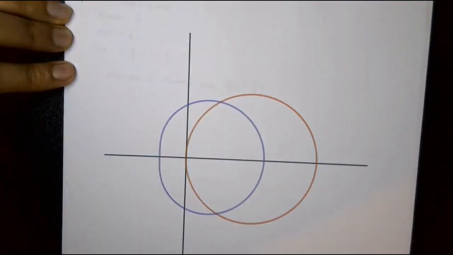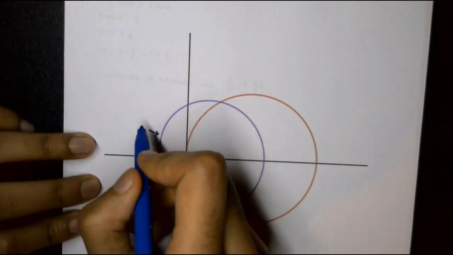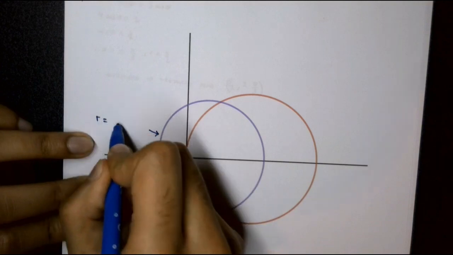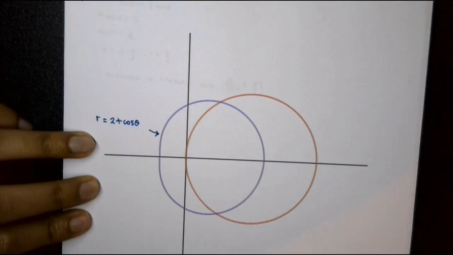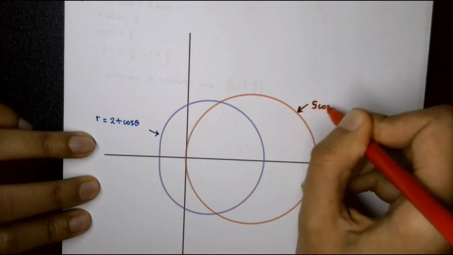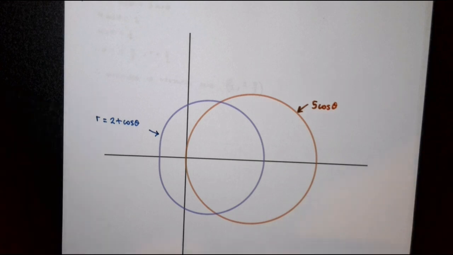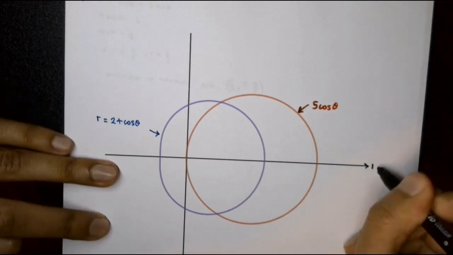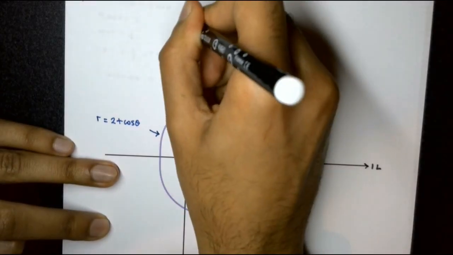Now, if we label our curves here, this curve shown in blue is r equals 2 plus cos theta, and the one shown in red over here is 5 cos theta. Okay, and of course here we've got the initial line, and here we've got theta equaling pi over 2.